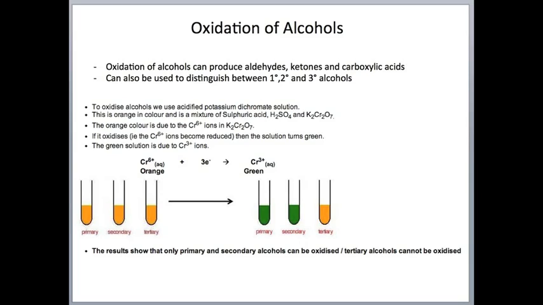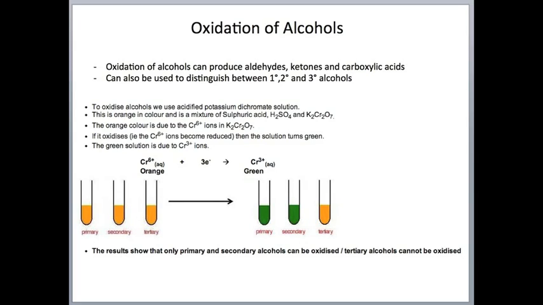Generally this is orange in color, and is a mixture of sulfuric acid, H2SO4, and potassium dichromate, K2Cr2O7. The orange color is due to the chromium 6+ ions in the potassium dichromate.